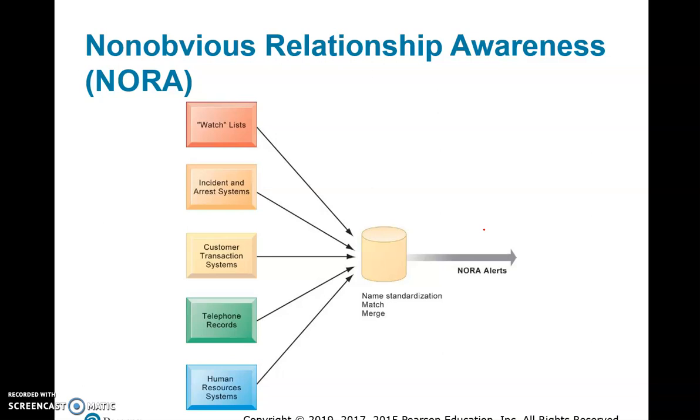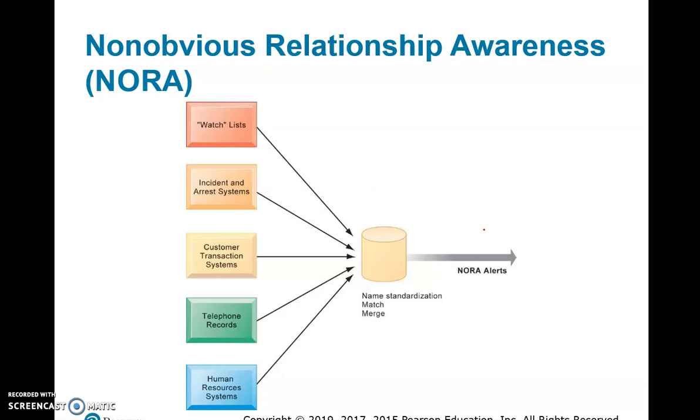Suppose I go to an airport, and I meet an old friend of mine. We exchange telephone numbers or email addresses. And that old friend of mine can be, let's say, a terrorist. Then the people in charge, the Homeland Security guys, can come after me to get to know how I know that person. That's what non-obvious relationship awareness is.